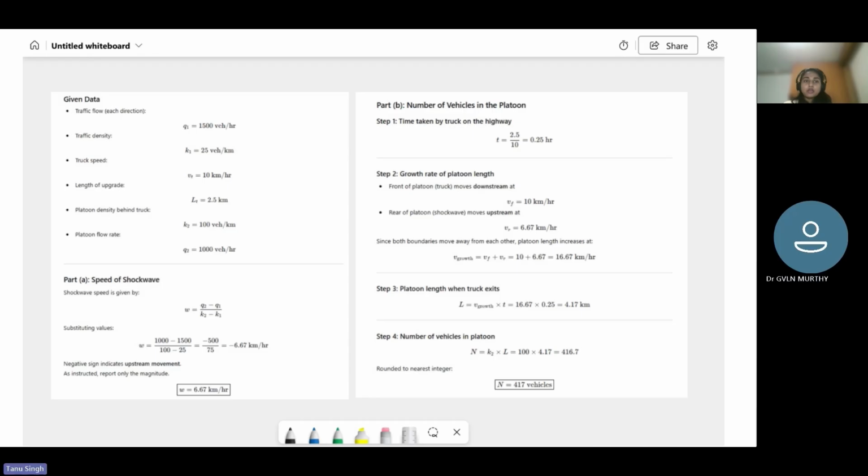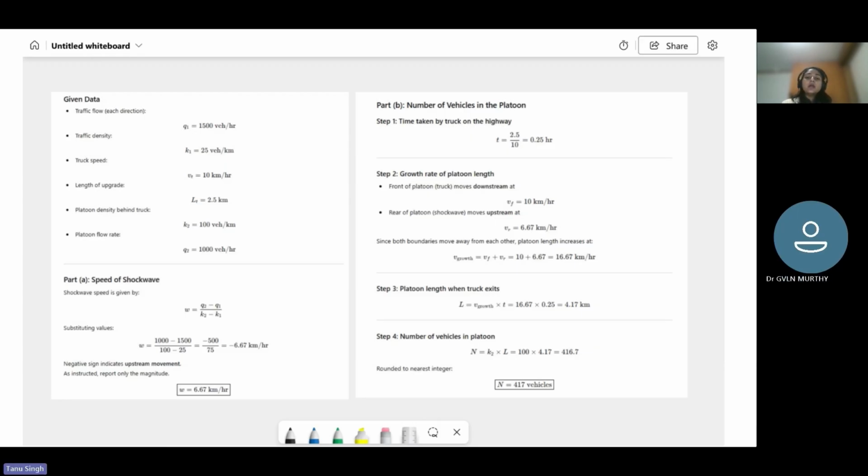For that, the given conditions are Q1 equals 1500, Q2 equals 1000, K1 is 25, K2 is 100. The length till which the truck is there is 2.5 and the truck speed is 10. The shockwave speed is given by Q2 minus Q1 upon K2 minus K1, which is 1000 minus 1500 divided by 100 minus 25.